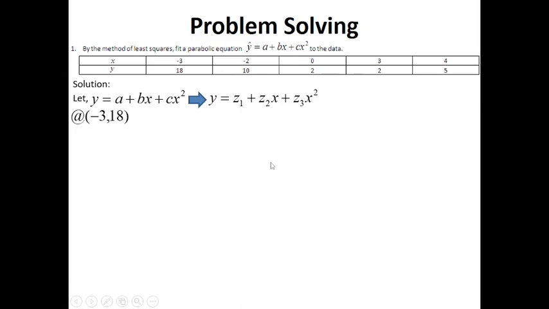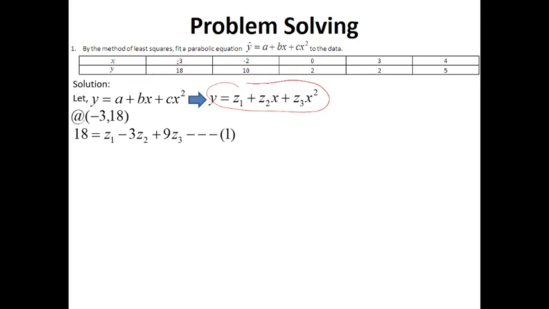So at negative 3, 18, this will be the equation that will be obtained. So 18 is equals to z sub 1. Kasi ito yung gagamitin natin. 18 equals to z sub 1, x is negative 3.